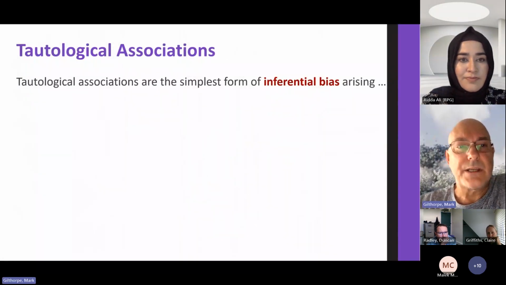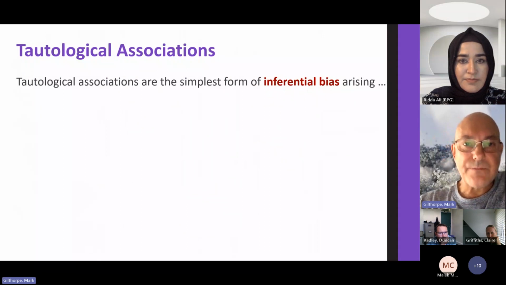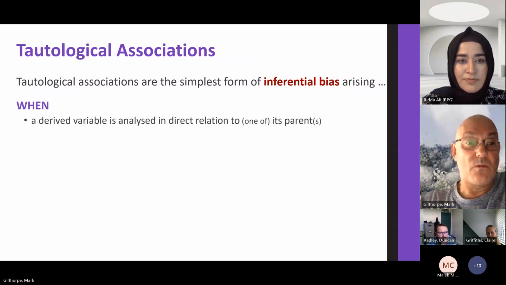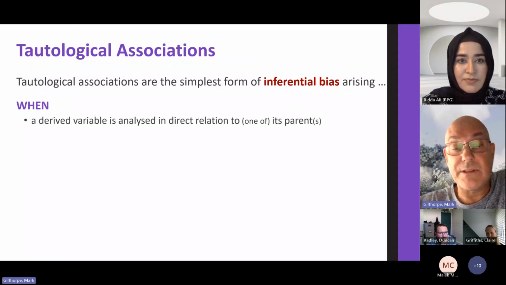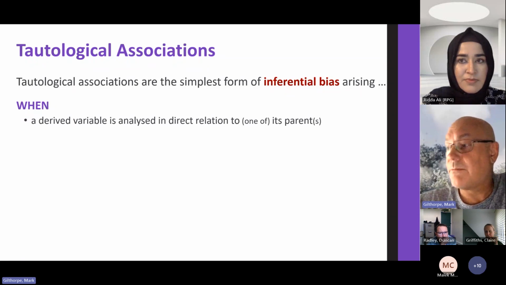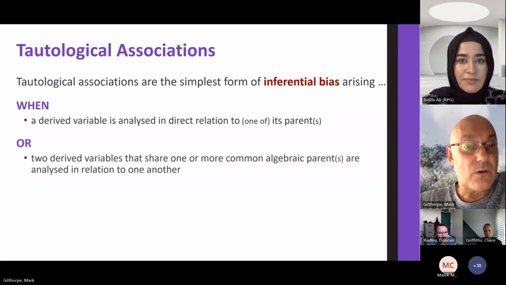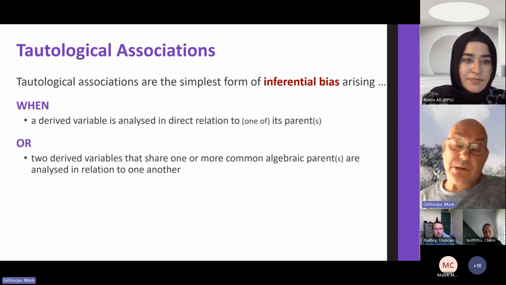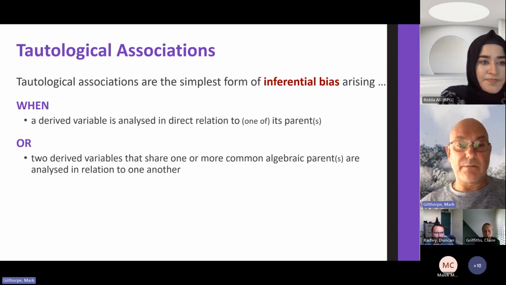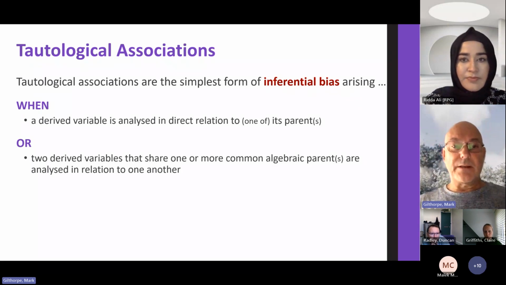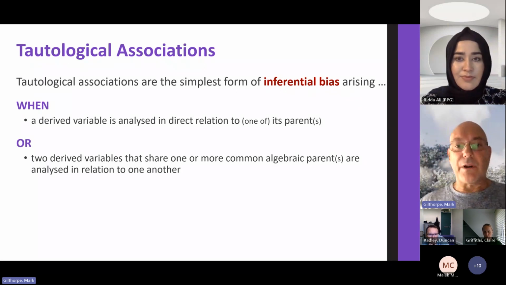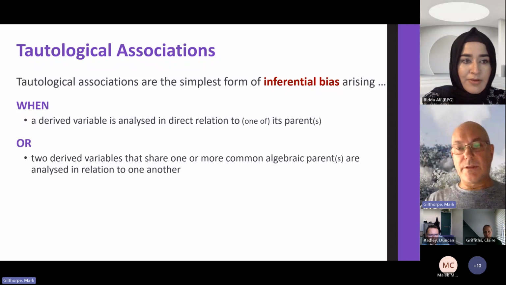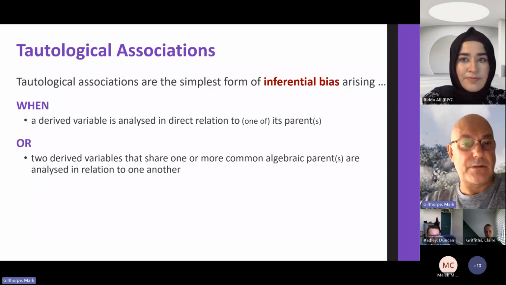This is easiest to see with tautological associations. When, for example, we derive a variable and it's analyzed in relation to itself or part of itself, or perhaps less obviously, where we have purportedly two independent variables, but when we dig a little deeper, we find that each of them comprises something in common, a common algebraic component.